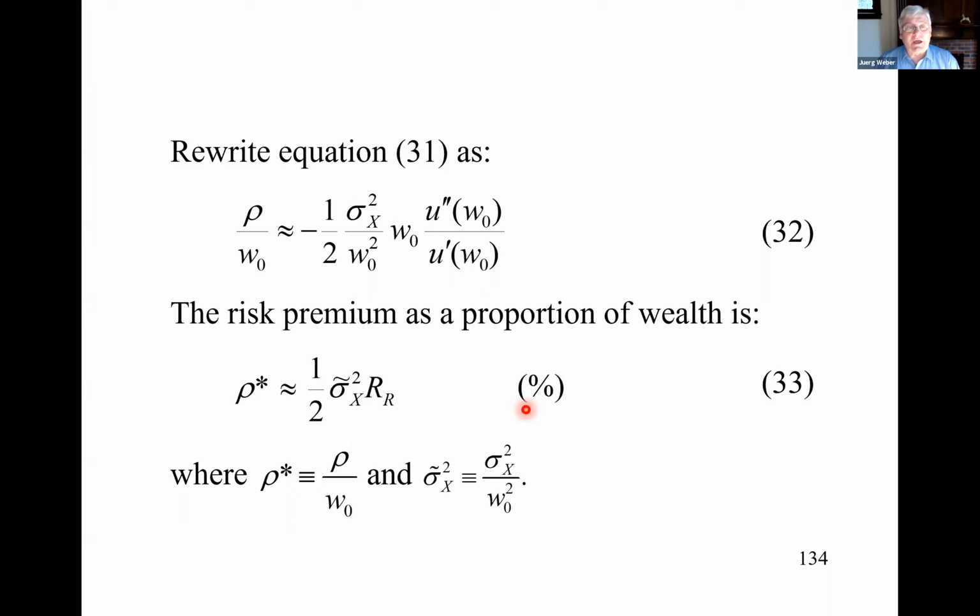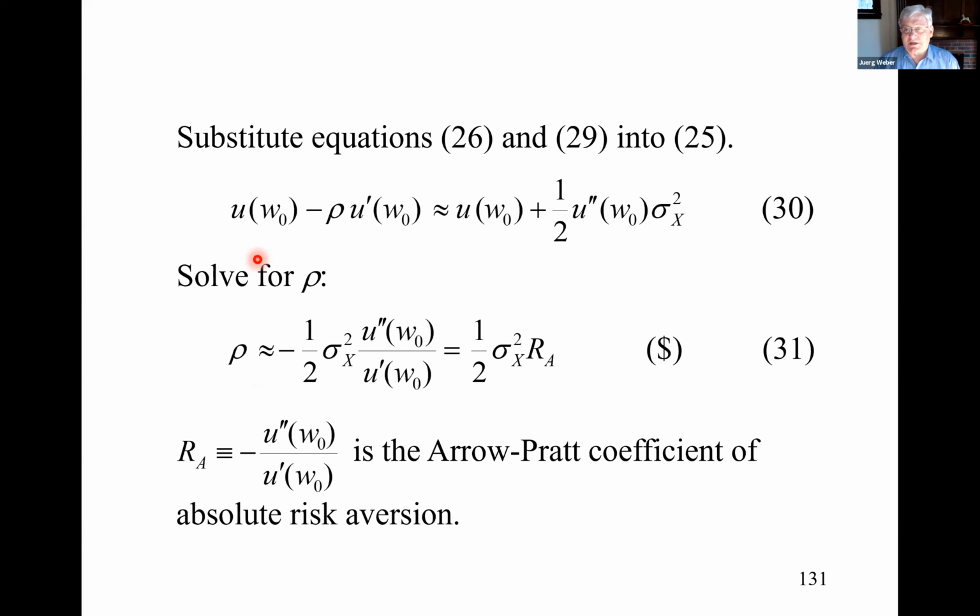Now let's rewrite equation 31. Let's just divide by the wealth on both sides. So I have now the risk premium as a proportion of wealth. You see, I divide the risk premium by wealth. Before, the risk premium was in dollar terms. Now let's divide the equation by wealth.